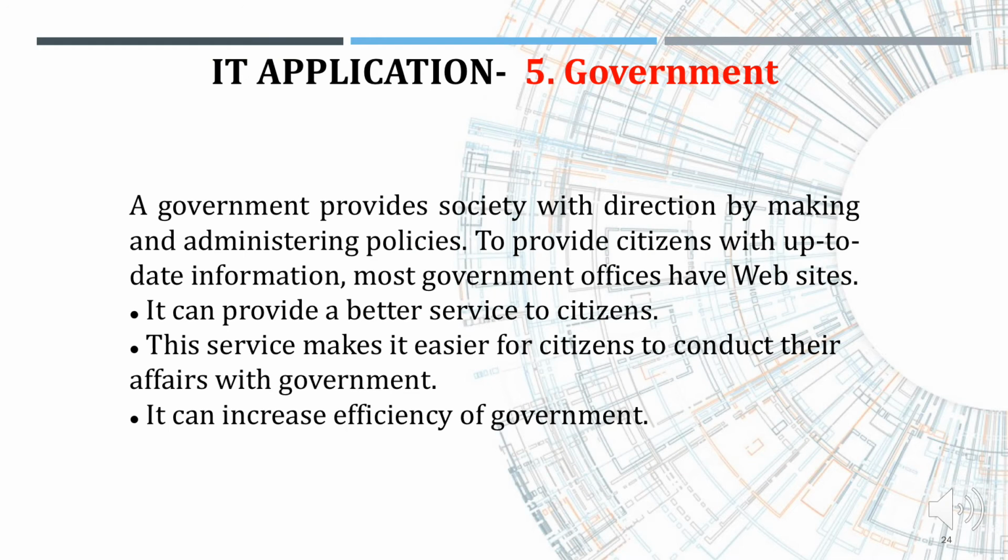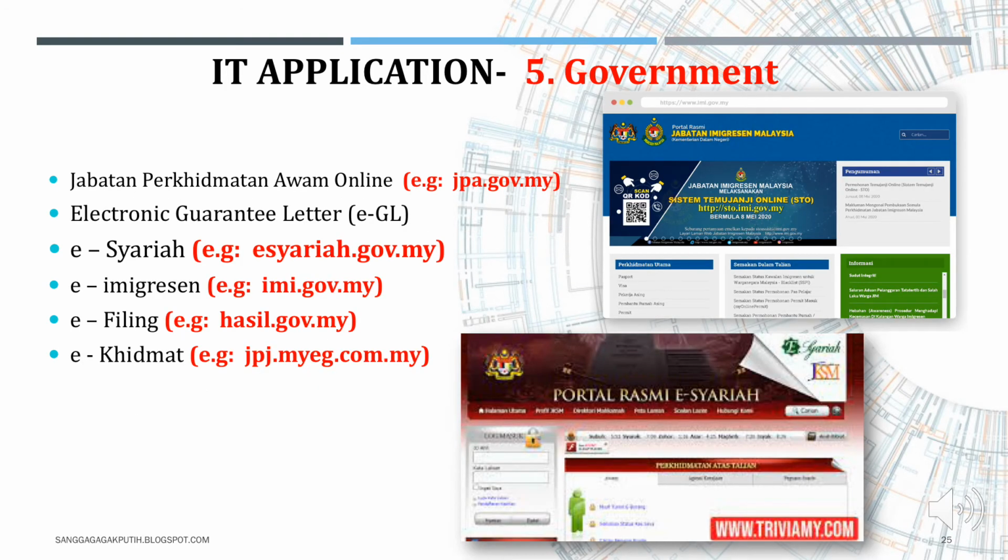Next one is government. A government provides direction by making and administering policies. They provide services to make sure that citizens get the service from the government faster and more efficiently. For example, I think most government sectors provide websites for citizens.